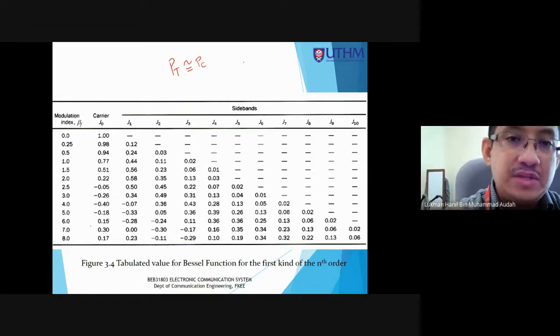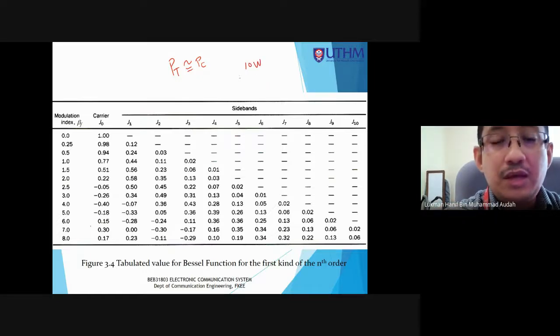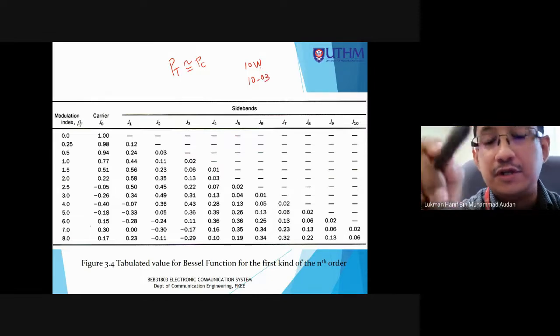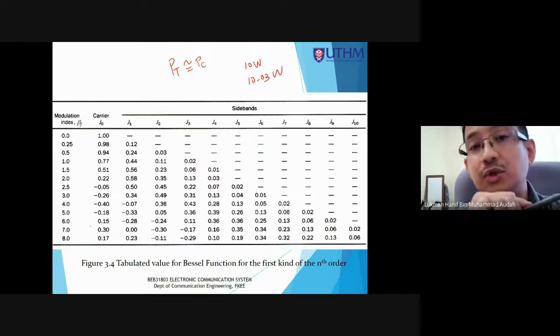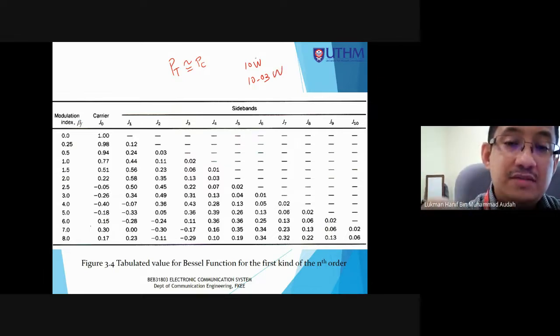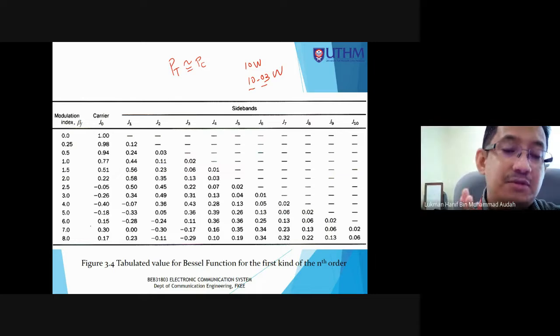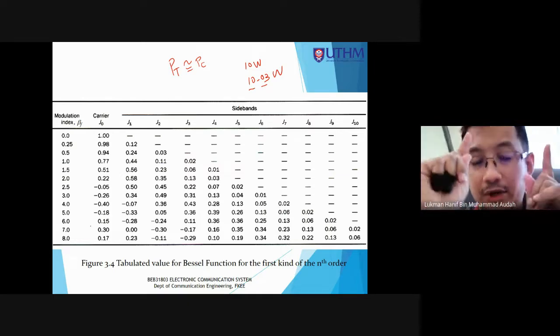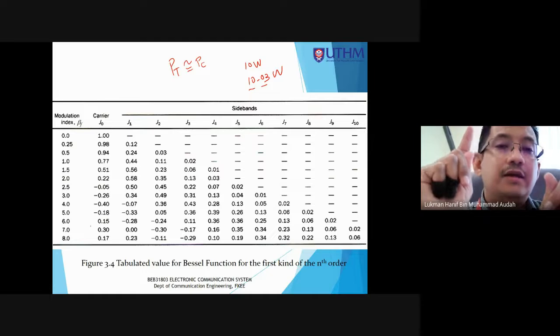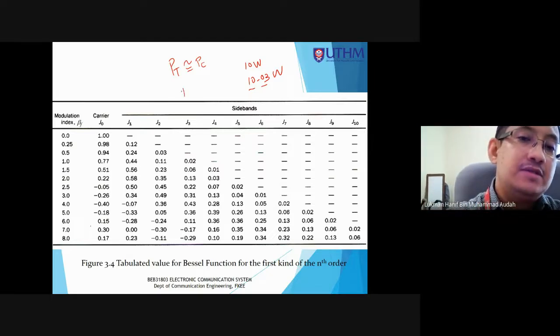Contoh kalau PC sama dengan 10 watt, mungkin you akan dapat 10.03 watt, for example. So approximately equal. What I mean here is that nilai dia sama tetapi berbeza sedikit, very little from the perspective of a few decimal points only. However, theoretically, secara teorinya dia adalah sama.